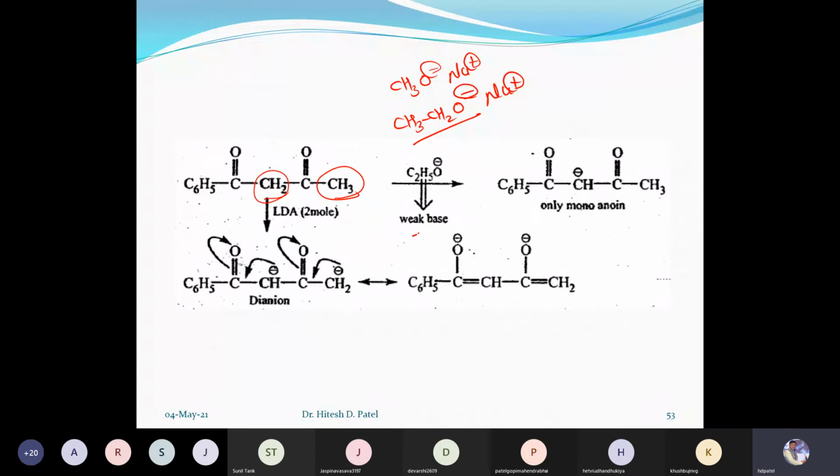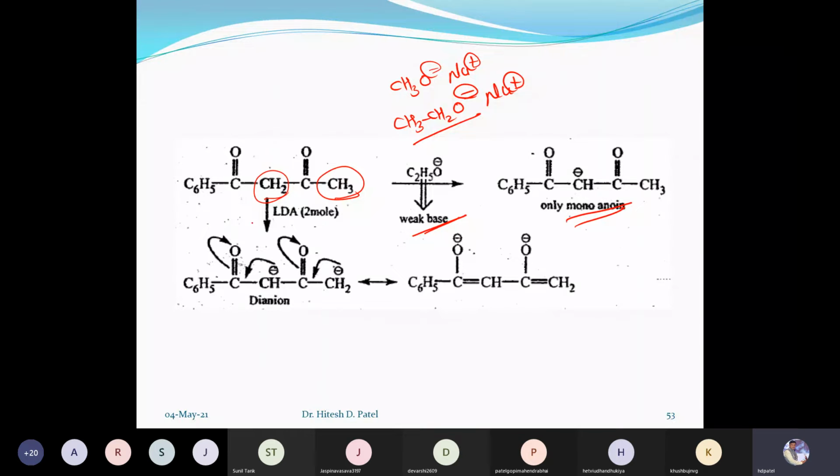If we use a weak base, then the weak base will react with the more active hydrogen. Means the weak base will attack this carbon, because this carbon has a C double bond O group on both sides. So this hydrogen is more acidic, and that's why the weak base will react with this and we will get a monoanion.